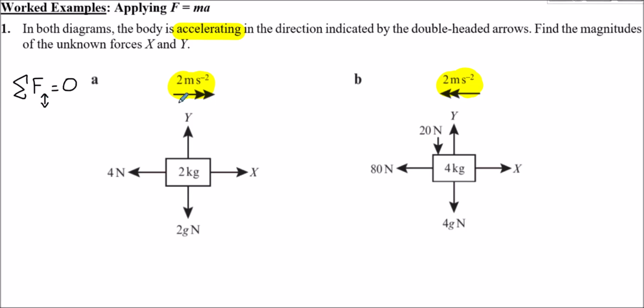It's accelerating purely to the side, not up or down in any way. Based on that, we can work out that y must be the same as 2g. So for part A, y must equal 2g.